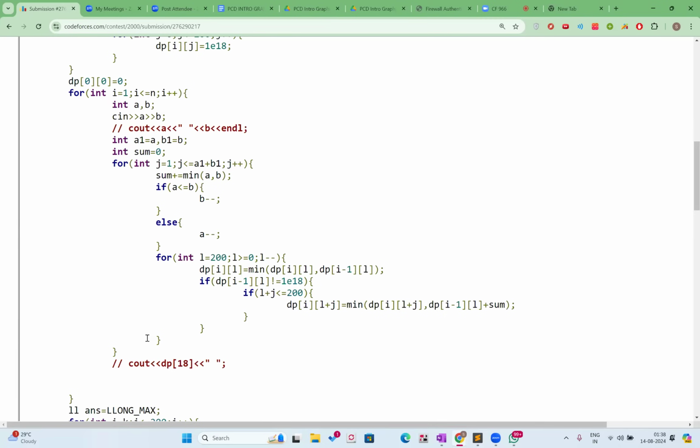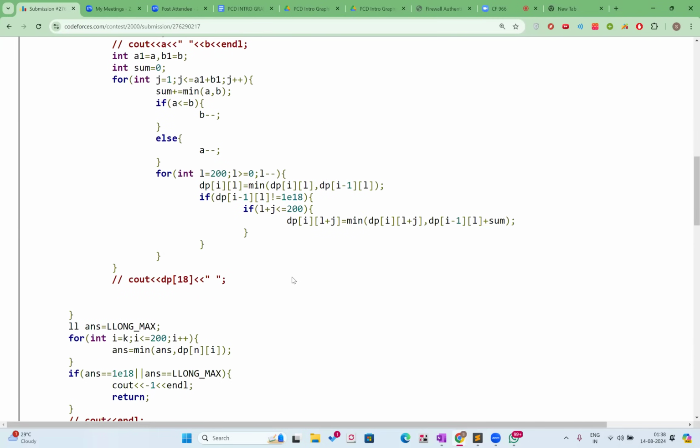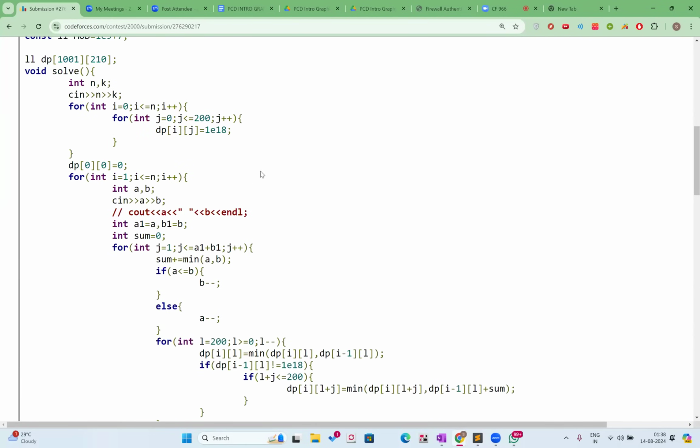I could have just iterated over the scores because scores are small enough, and the cost can be added like this. Minimum cost I'm storing in the DP, so the DP value will be the answer because that is the minimum cost. Did you get this?